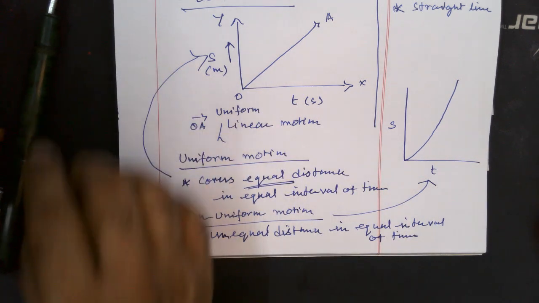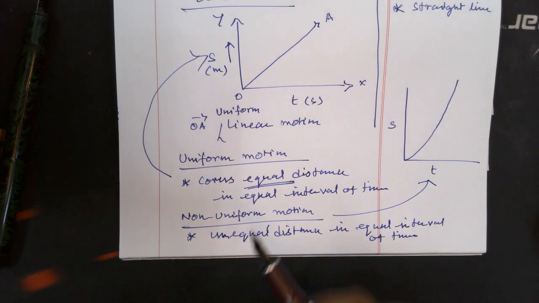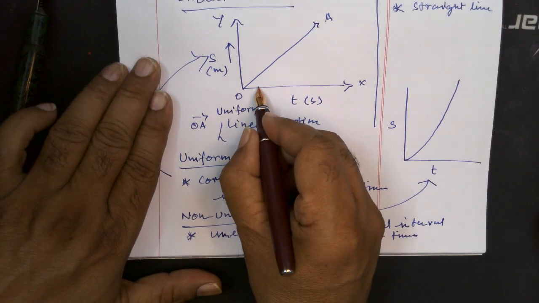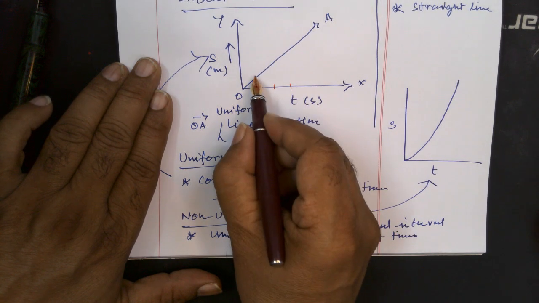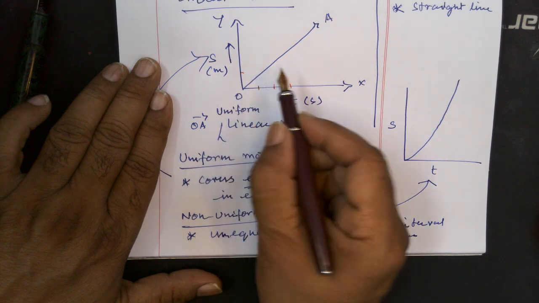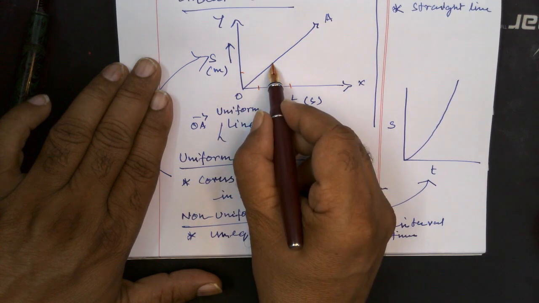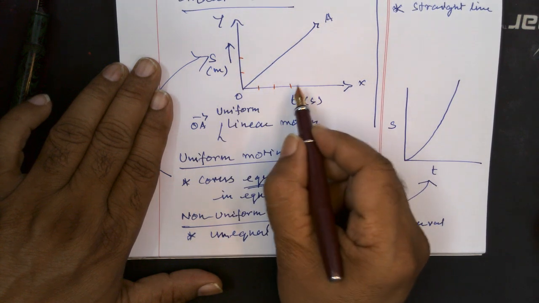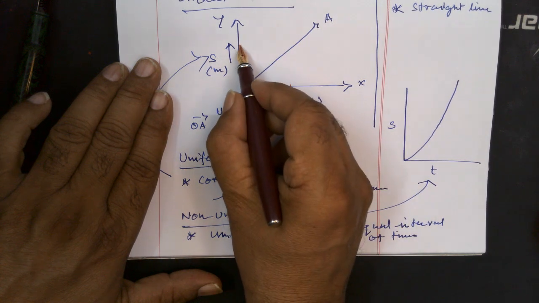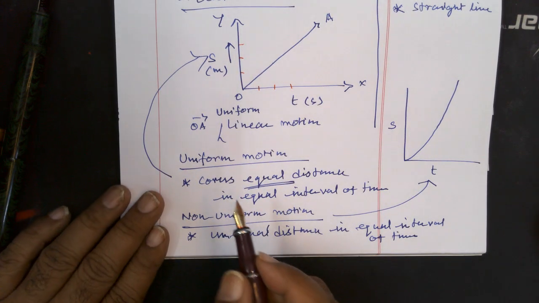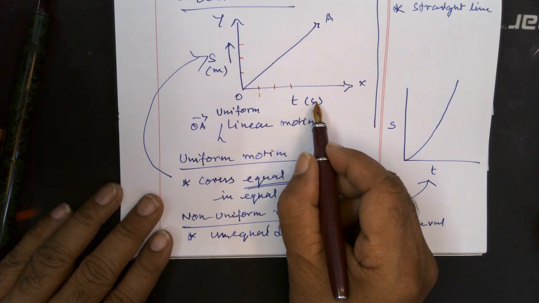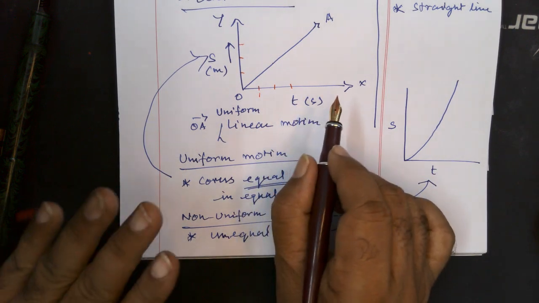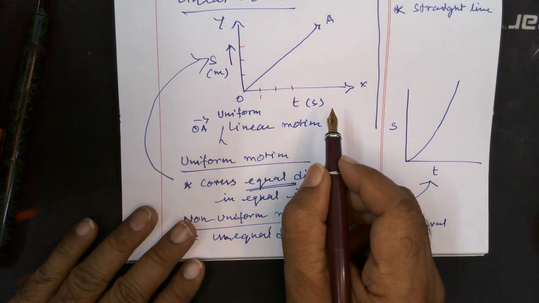Because let me consider, see, that is in 1 hour, 2 hour, 3 hour. So here in 1 hour 50 kilometer, in 2 hours 100 kilometers, in 3 hours 150 kilometer. Do you understand this? For example, this is given in second, but we can have it in hour also.